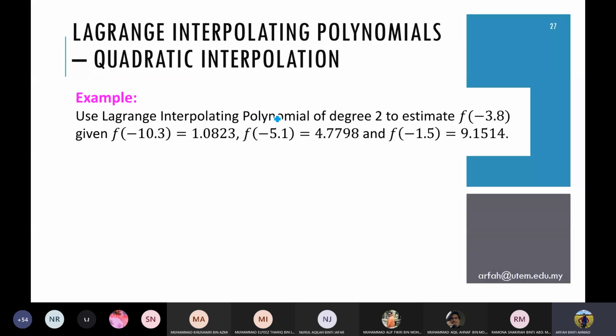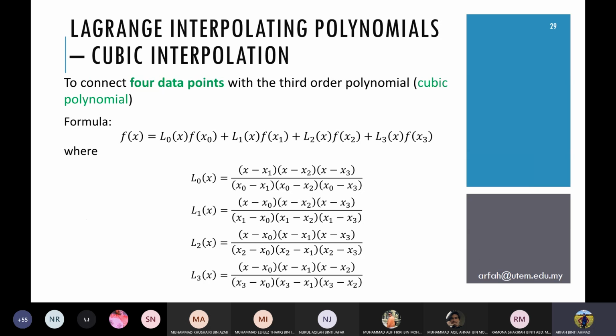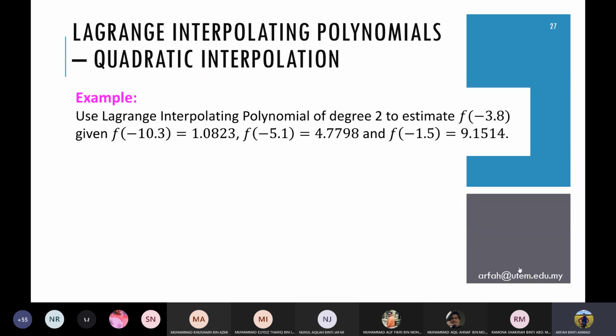Use Lagrange interpolating polynomial of degree 2 to estimate f(-3.8). f(-10.3) equal to 1.0823, f(-5.1) sama dengan 4.7798 and f(-1.5) sama dengan 9.1541. So let's try this example. Okay, cuba kita buat example.